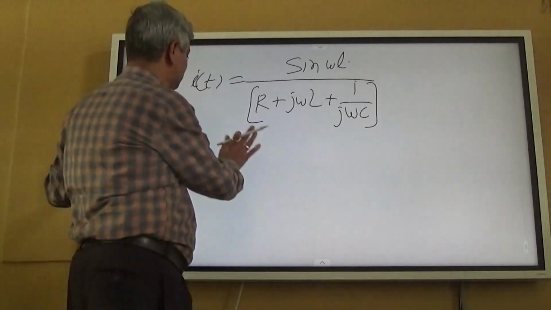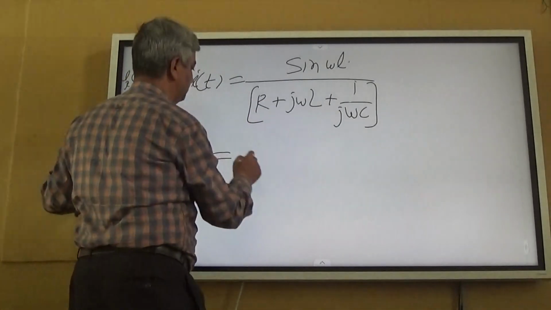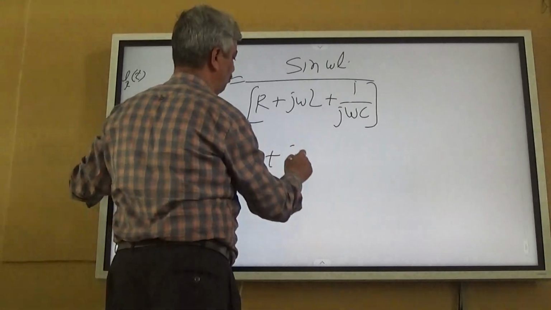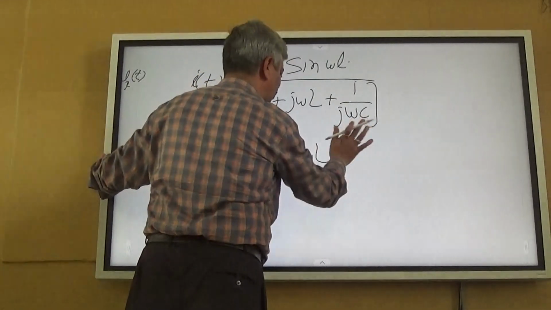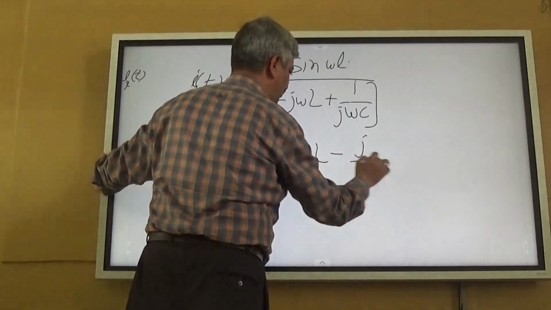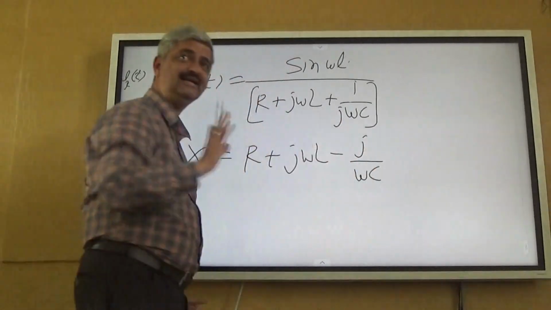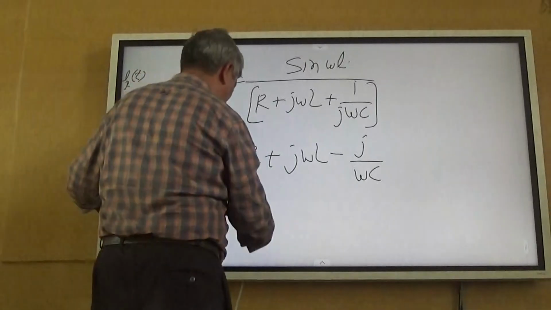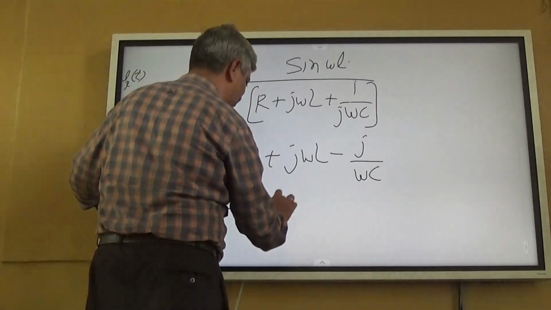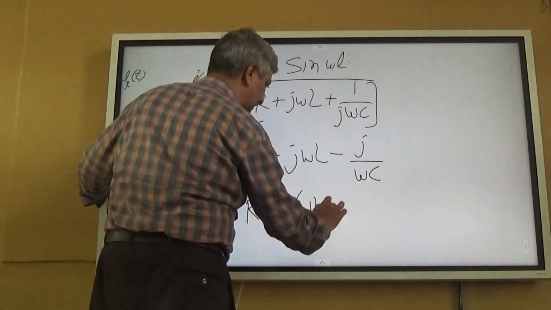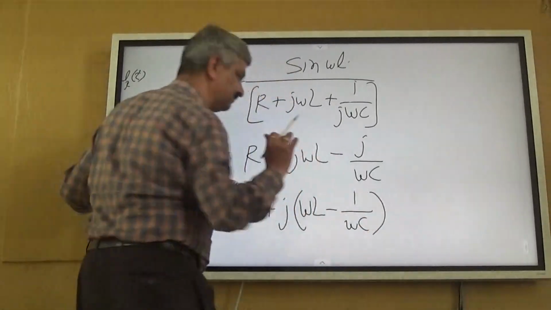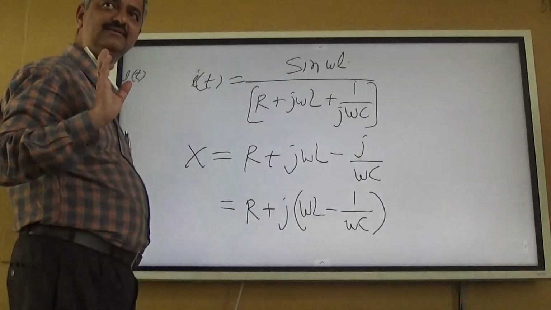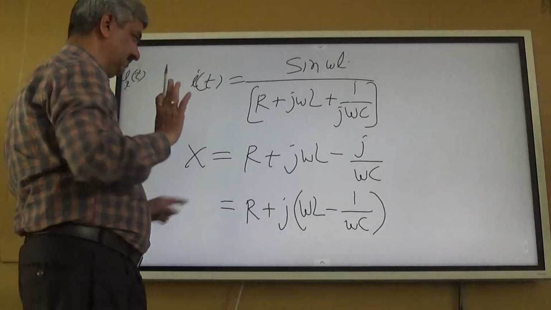So this impedance is R plus j omega L plus 1 upon j omega C. Here I can do minus j upon omega C, right? So this I can write as R plus j into bracket omega L minus 1 upon omega C. Is it right? Is it okay?